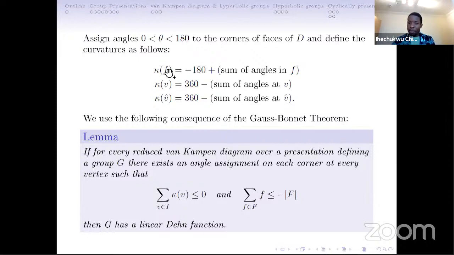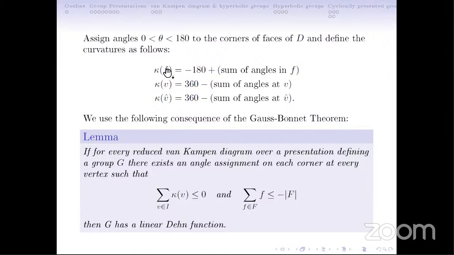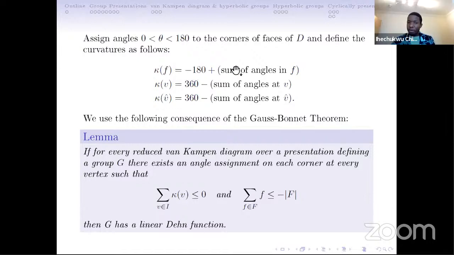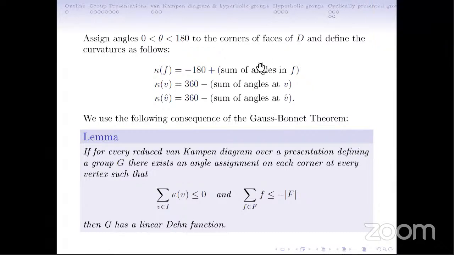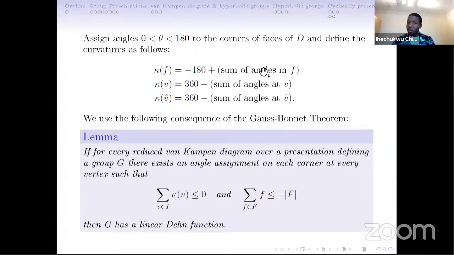If I have a face, the curvature of that face is minus 180 plus the sum of angles in that face. So I have my face, which is the face of a Van Kampen diagram, which is a triangle, and I assign some angles at the corners. And then I describe the curvature to be minus 180 plus some of these angles.